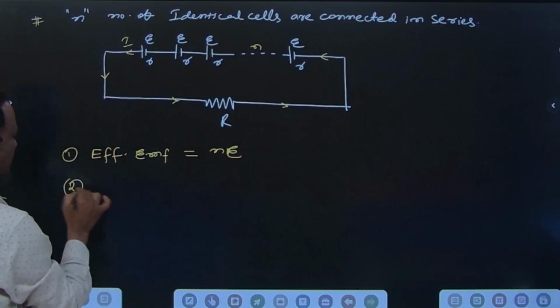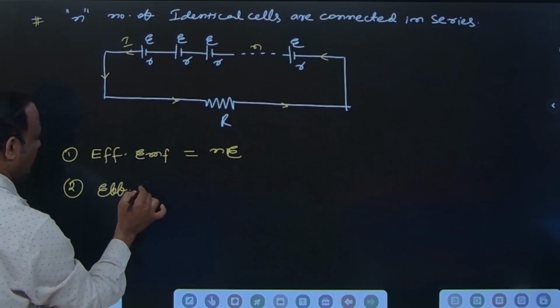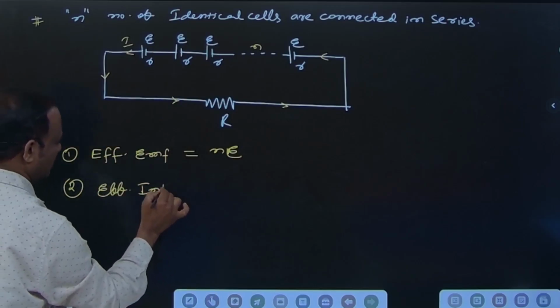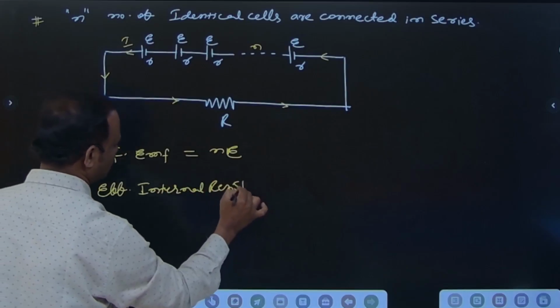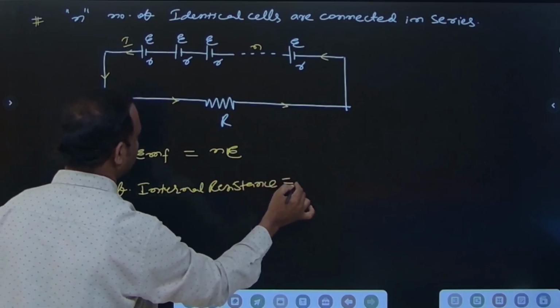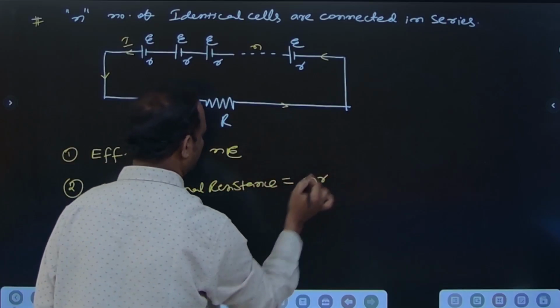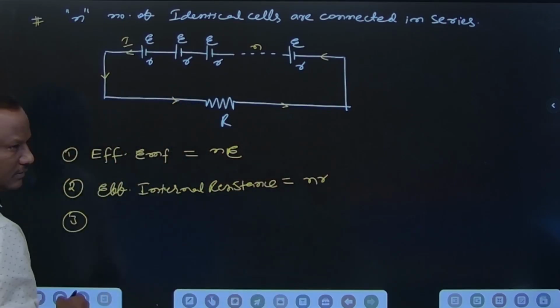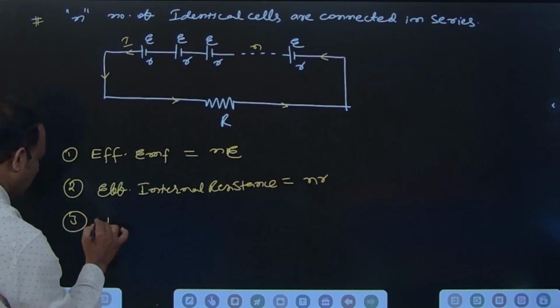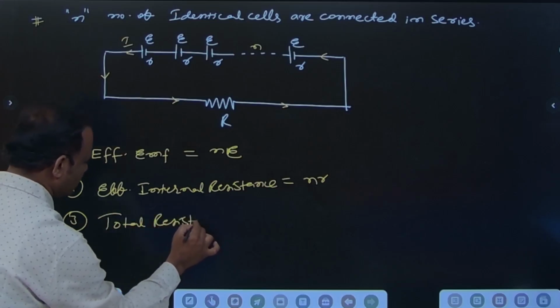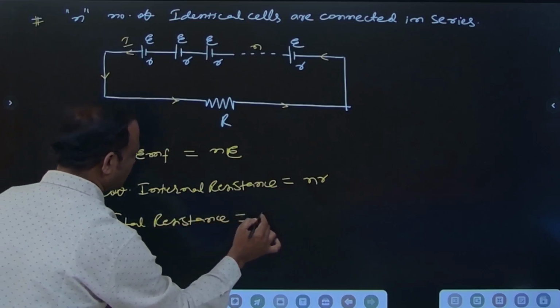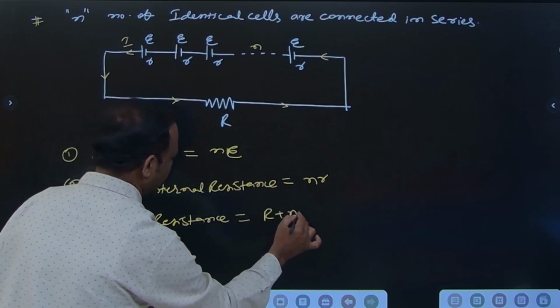For the second, effective internal resistance is equal to r plus r plus r plus r, which is nr. Next, total resistance is equal to R plus nr.